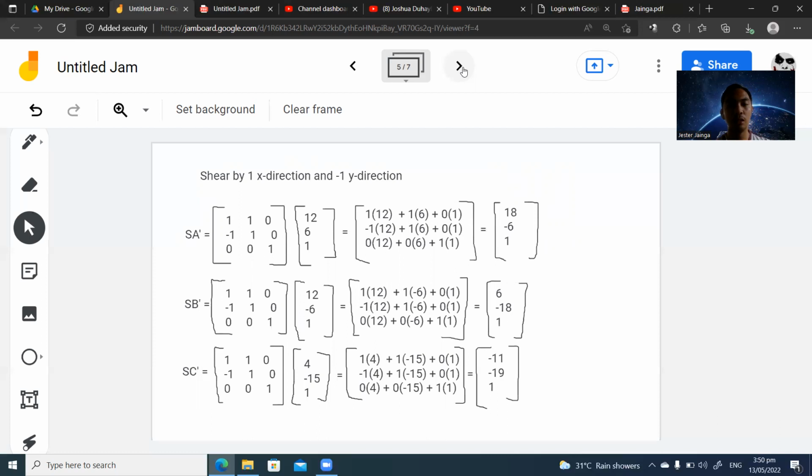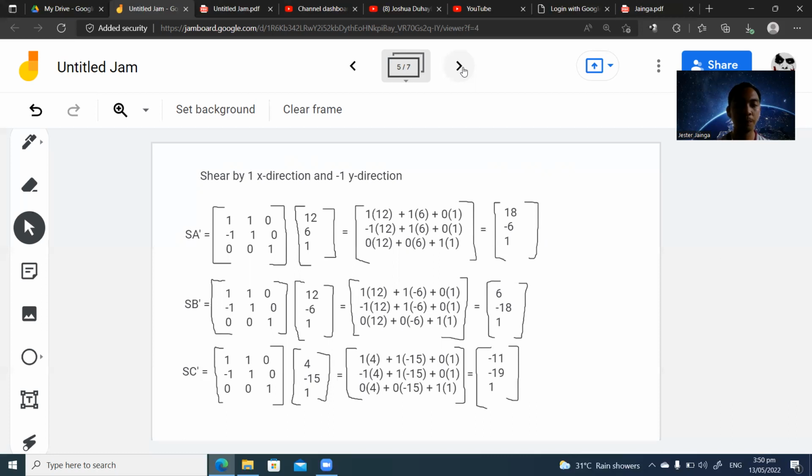So we multiply 1 times 12 plus 1 times 6 plus 0 times 1, and -1 times 12 plus 1 times 6 plus 0 times 1, and 0 times 12 plus 0 times 6 plus 1 times 1. So the new value now is 18 and -6.